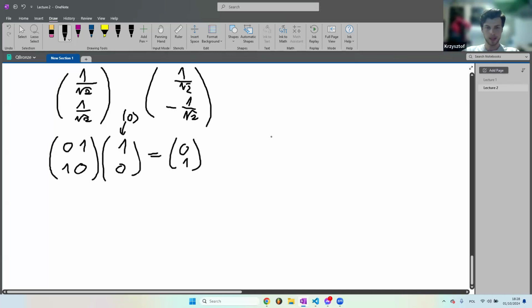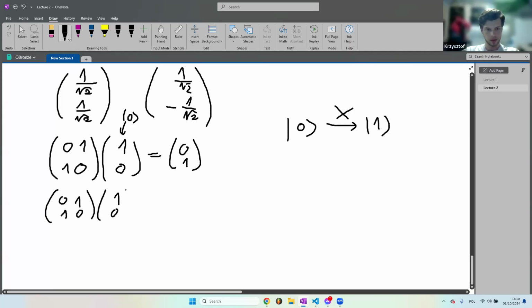We can also rewrite this in a different notation: 0 by the X operator gets transformed to 1. And this is vector 1, which will be transformed to 1, 0.